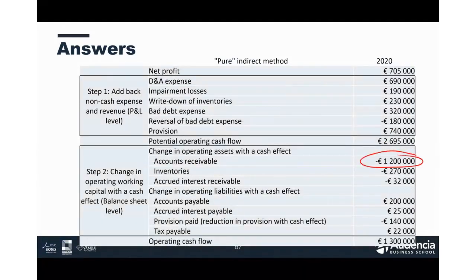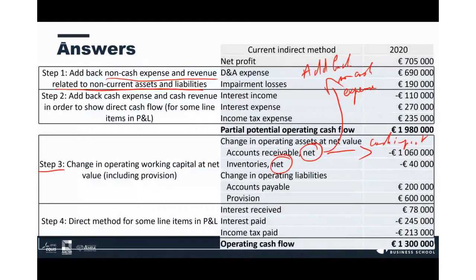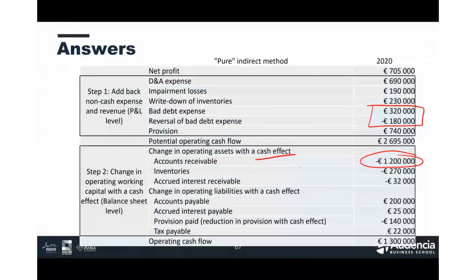And what we eliminate is all this. In the second part, we have directly only one amount. So in reality, the cash impact is more than 1,060,000. The cash impact here is 1.2 million.